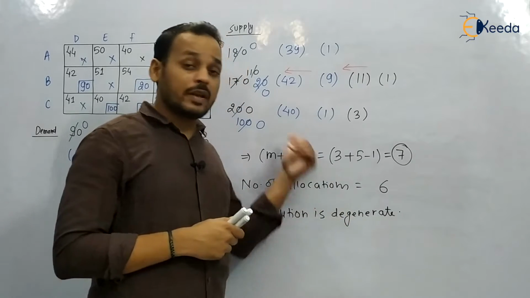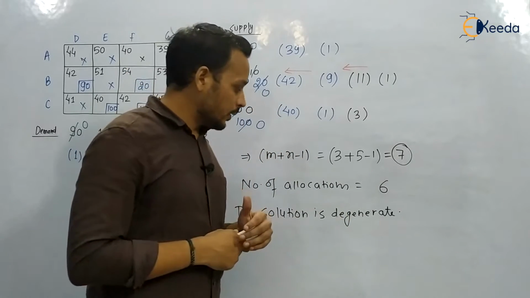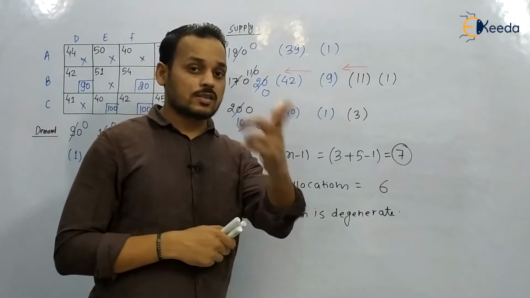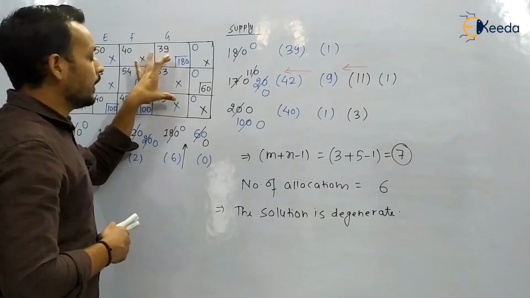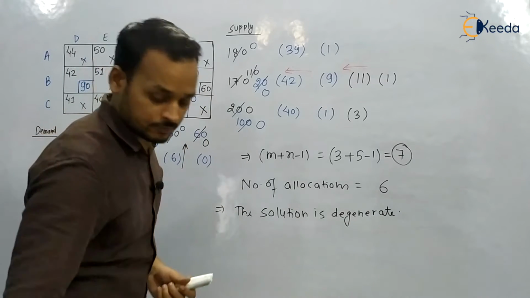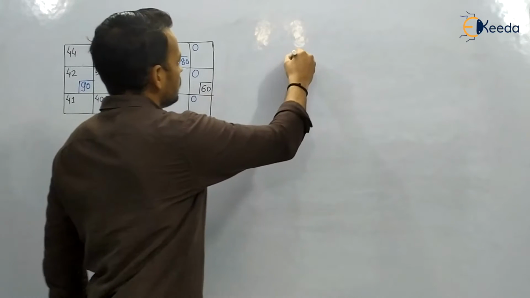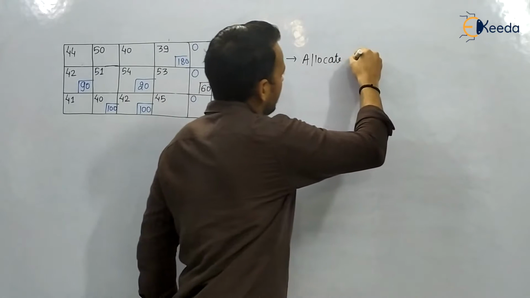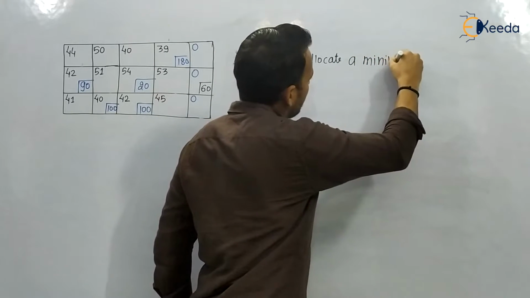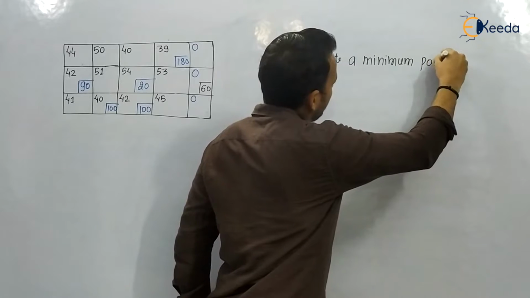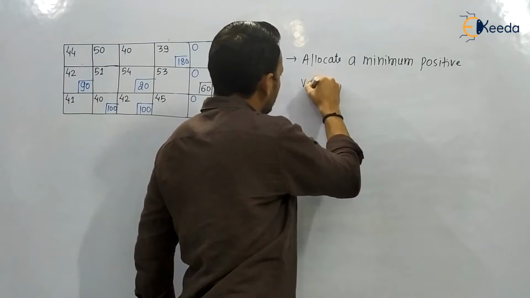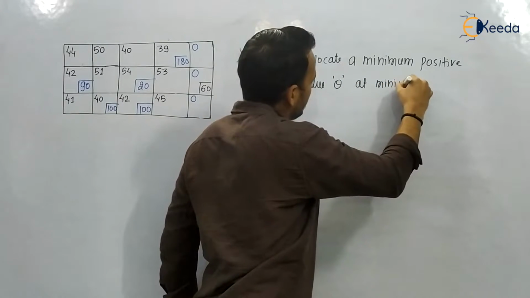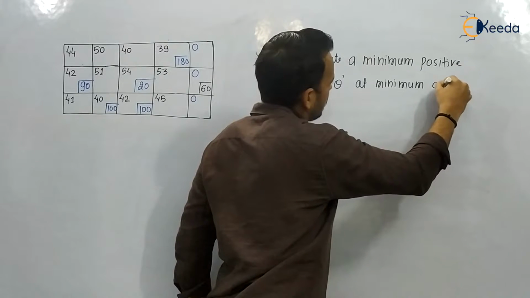So first we will make it a basic feasible solution. It means the number of allocations must be equal to m plus n minus 1, so the number of allocations must be 7. So we will make it 7. How? Just see it. We will allocate a minimum positive value theta at minimum cost.